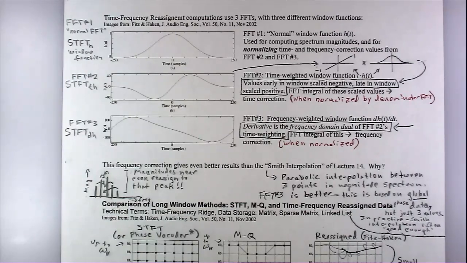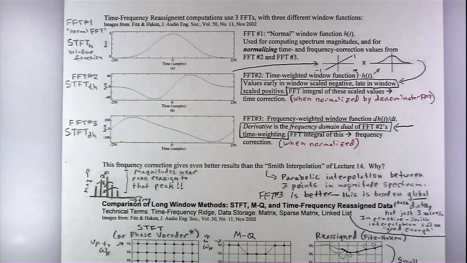And that's my best hand-waving thing. If you could understand the time reassignment and believe that, that's really good. I won't ask you too much about the frequency reassignment. I just want this to be believable. We have half a lecture to spend on a topic that could be a class, and I just want it to be believable to you. Okay? So that's a hand-waving explanation for the third window.